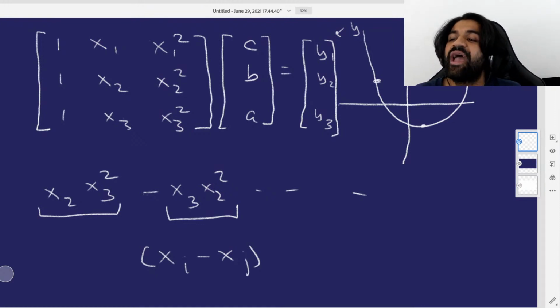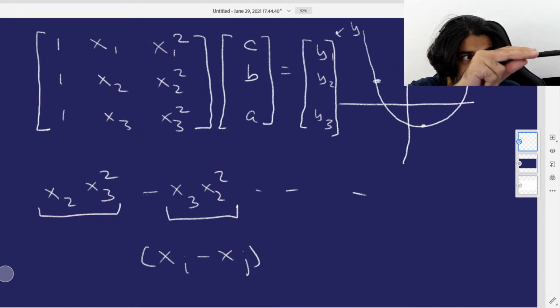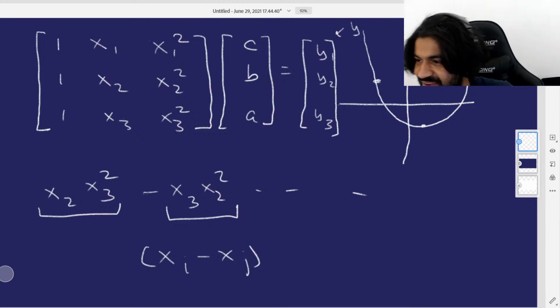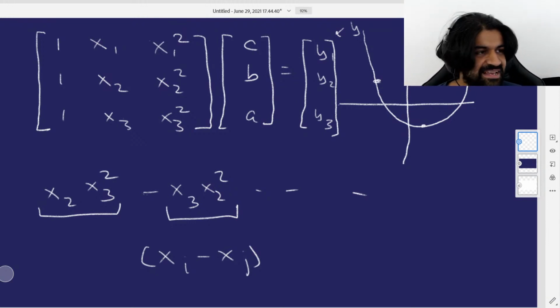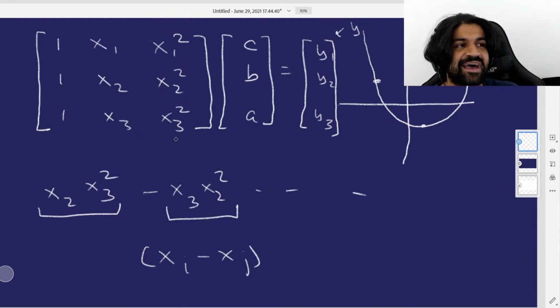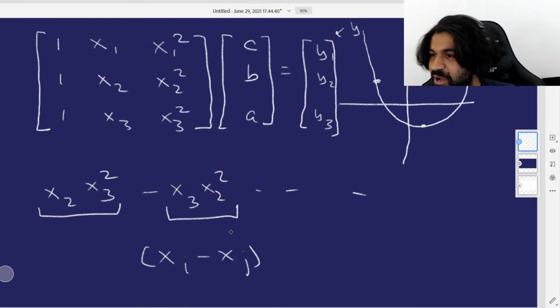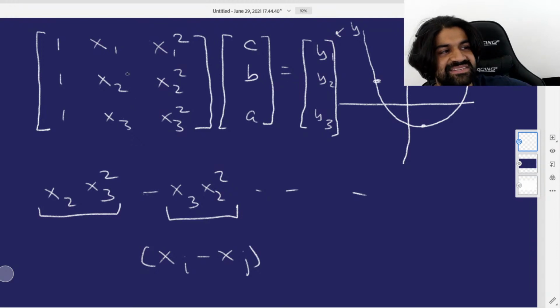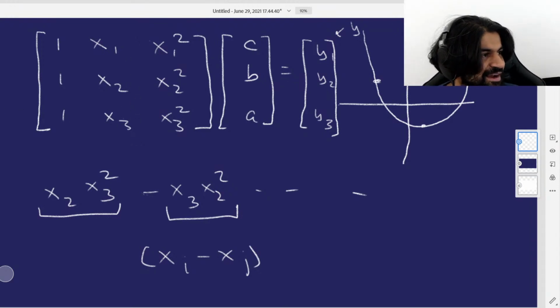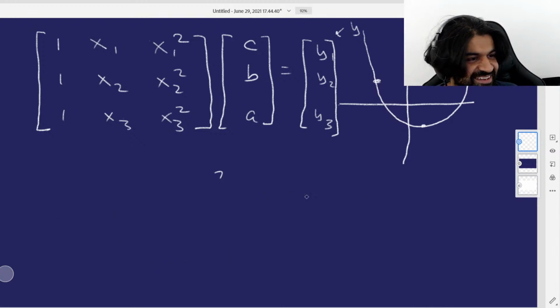So the only way that this determinant can be 0 is if 2 of the x values are the same. Okay, so think about it for a second. It's not too bad. This is just a polynomial. Think about what its degree is, and then think about the fact that you know all the factors of this polynomial, and so those factors have to be it. Essentially, the factors will be x1 minus x2, x2 minus x3, x3 minus x1. Okay, all right. Can't Commute says it makes sense, which is good.